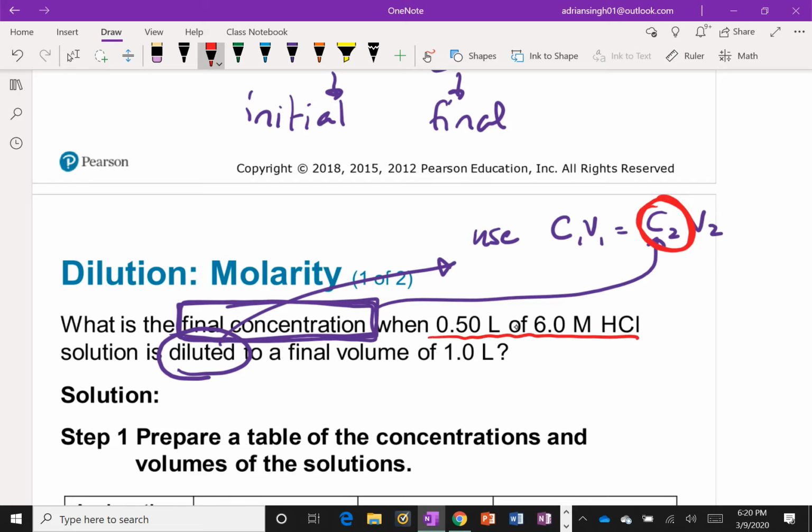So we have 0.5 liters of a 6.0 molar HCl. Right? So this is the volume that we're starting with, 0.50 liters. That's our V1. The 6.0 molar, that's our C1. And we're told that that is diluted to a final volume. So that suggests that that's going to be our V2 of 1 liter.